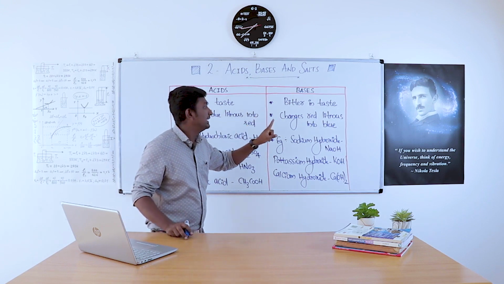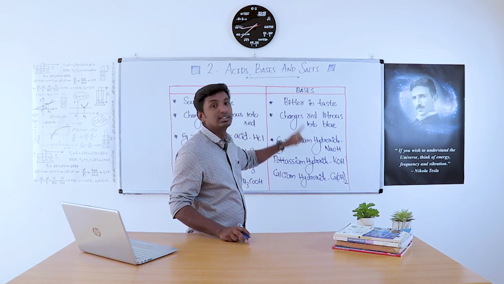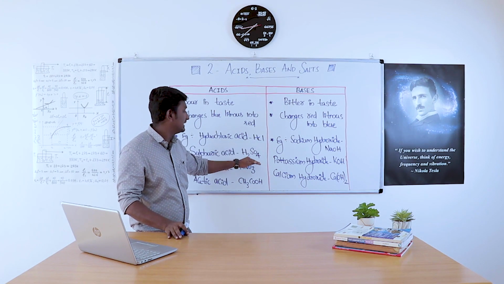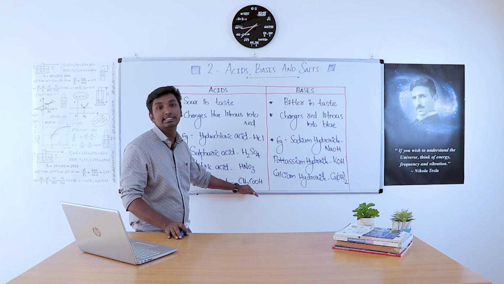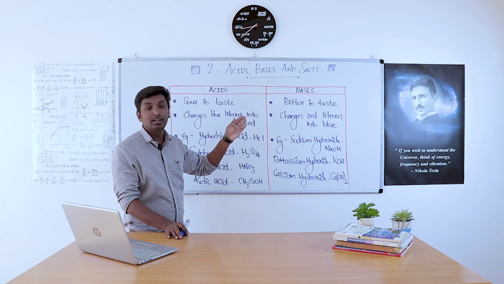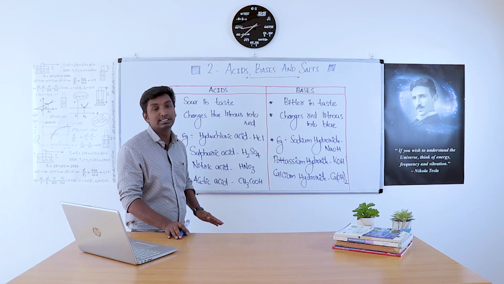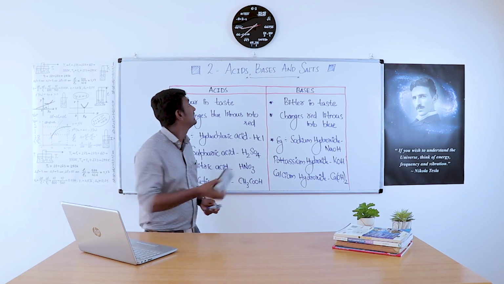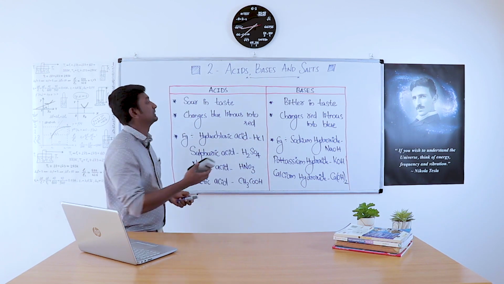If red litmus turns to blue, then the substance is basic. And the examples are HCl, H2SO4, HNO3, CH3COOH as acids, and NaOH, KOH, Ca(OH)2, etc. as bases. That is the basic difference between an acid and a base.